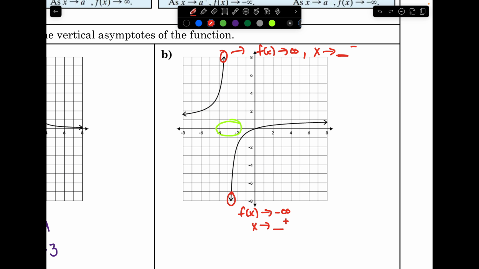So it's figuring out what that value is. Well, it obviously can't be at -2 because at -2, the graph is connected there. It can't be -4 because the graph is connected right there. So the jump and the discontinuity is occurring right in the middle between those two values, between -2 and -4.